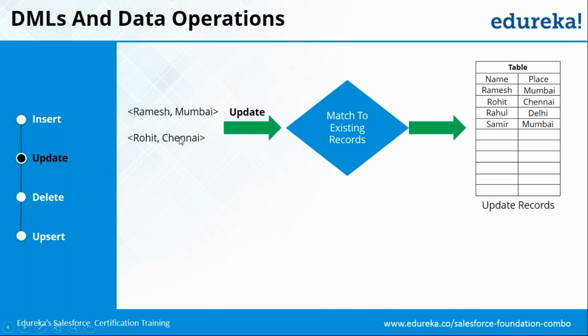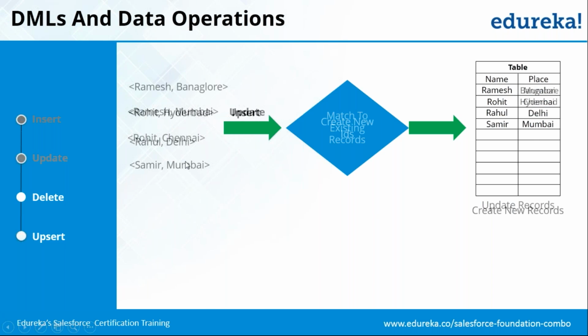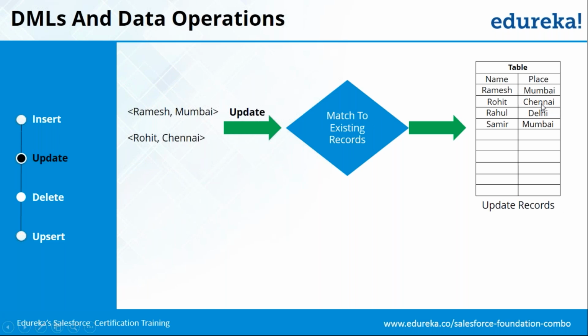But with the update command, if we use Ramesh, Mumbai, then his details will be updated to Mumbai, right? So in the database, the place will be updated. Same thing for Rohit also. If you see in the previous slide, when we did the insert command, Rohit was from Hyderabad. But if you look at his record after the update command, it has been updated to Chennai, while there has been no change for the other two, for Rahul and Samir.